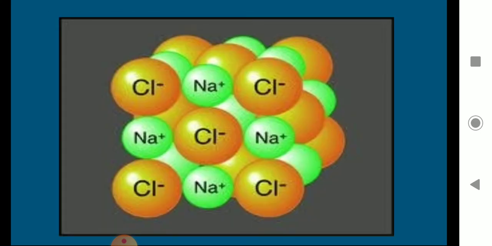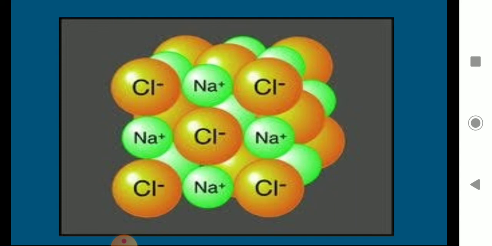Sodium chloride, as you take 1 grain of salt or 1 pinch of salt, it contains that many molecules. NaCl, that is sodium chloride, is 1 molecule, Na1 and Cl1 is 1 molecule. How they are arranged, you see in the salt.